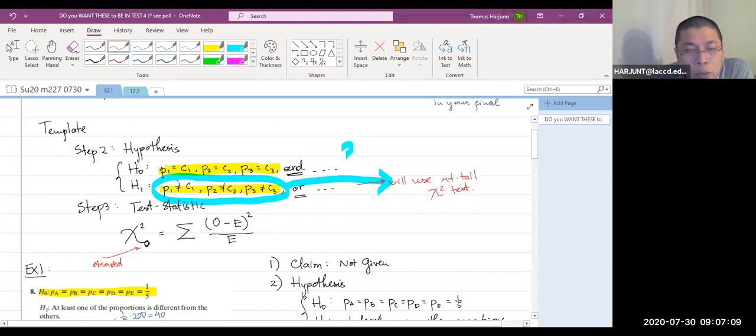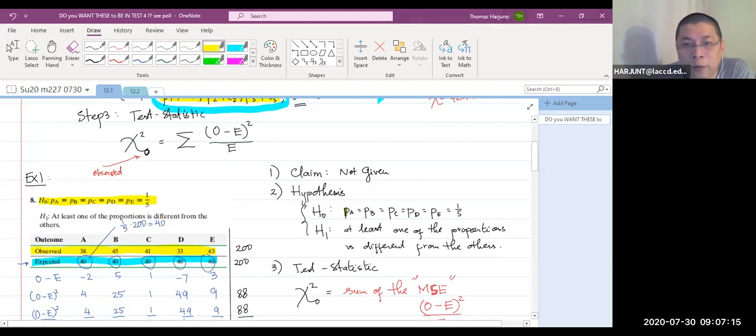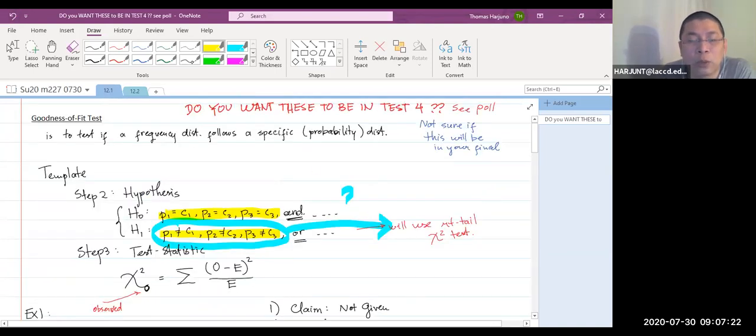Suppose this is not true. Suppose the proportion is not what they say. Let's say the proportion is not 1/5 each, for example. Then the variance will blow up, will increase, right?